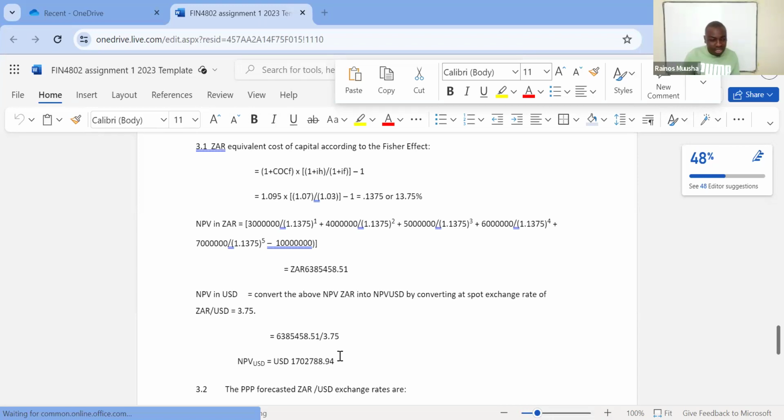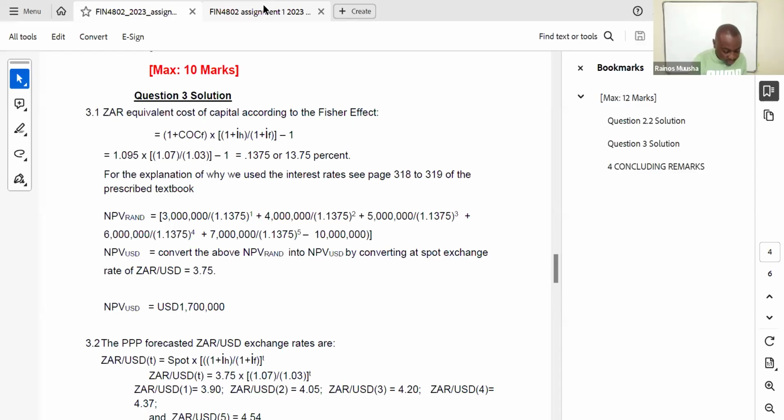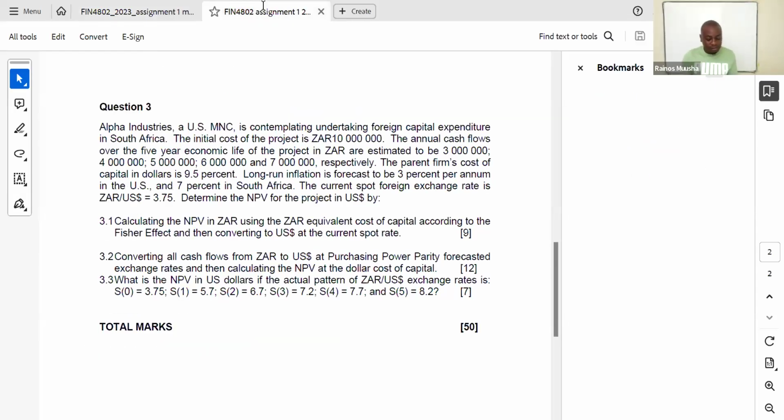If we got 8 out of 9, it means the method that we're using is correct as well. Remember the first part of the question, they're asking us to calculate the net present value in ZAR using the ZAR equivalent cost of capital according to the Fisher effect, right? That's the first part of the question.